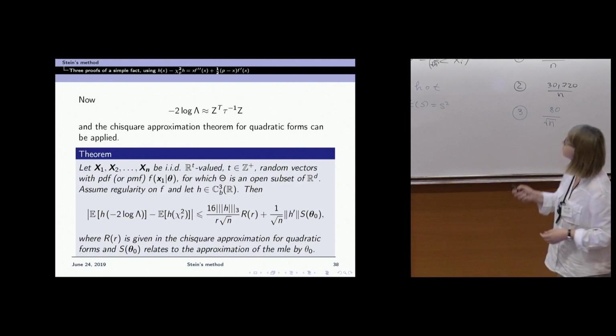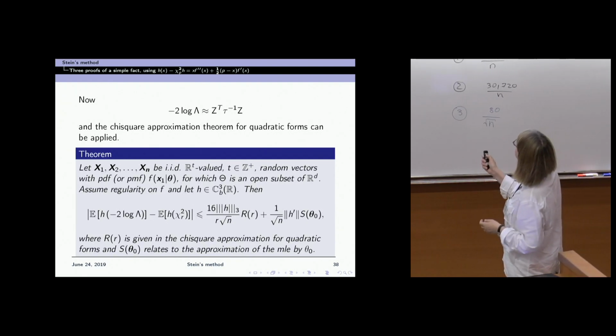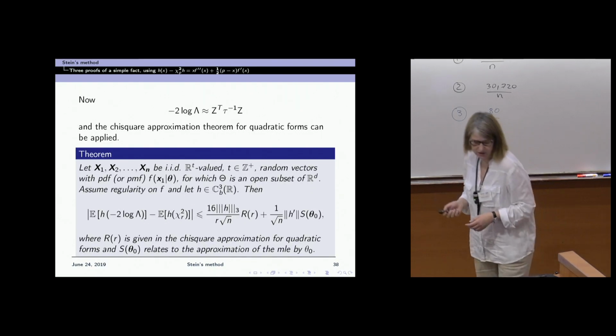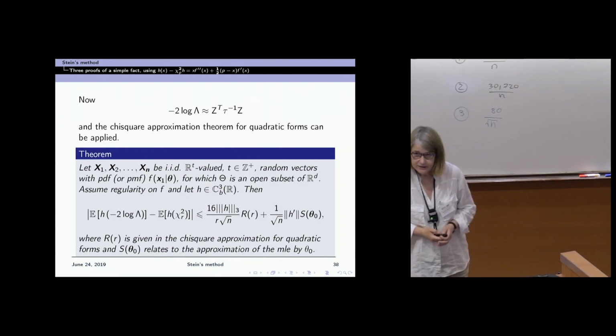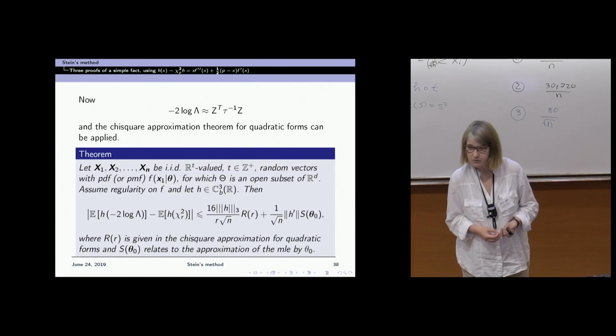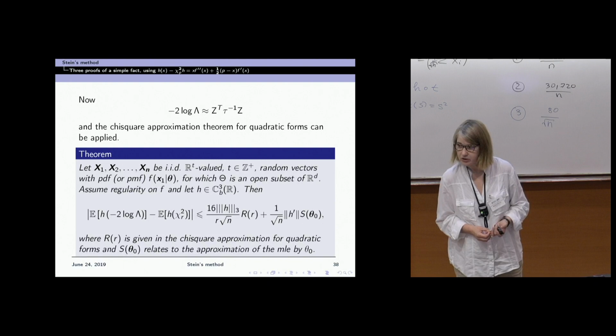And so there's the term here which comes from the chi-square approximation, and this term here, S of theta 0, S just means the remainder term, it's not the score function. It's bad notation. So that second term just relates to the approximation of the maximum likelihood estimator by theta naught.